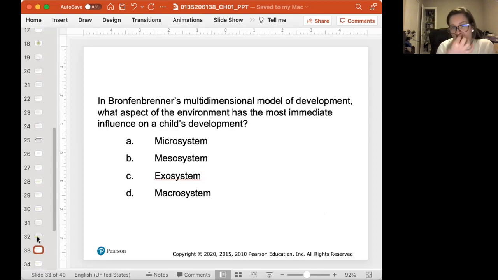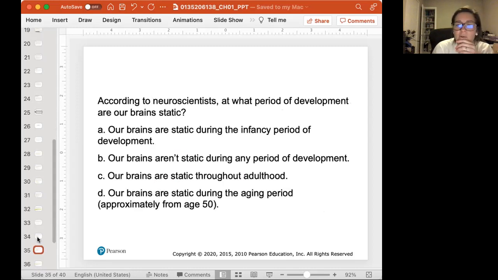In Bronfenbrenner's multidimensional model of development, what aspect of the environment has the most immediate influence on a child's development? Micro, meso, exo, or macro system? You can think back to the image with the bubbles. Microsystem. And according to neuroscientists, at what period of development are our brains static?